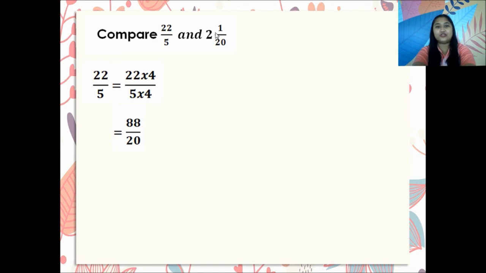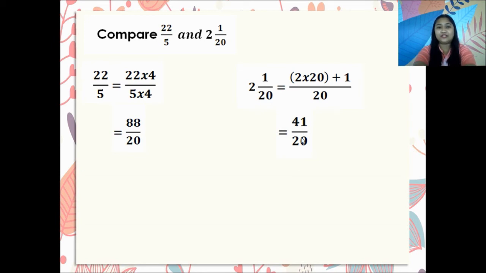Now, let's go to 2 and 1 over 20. Let's convert this into an improper fraction. So, we have 2 times 20 plus 1 over 20. So, 2 times 20 is equal to 40 plus 1. That's 41. And then, the denominator is 20. Now, look at the numerator because they have the same denominator already.